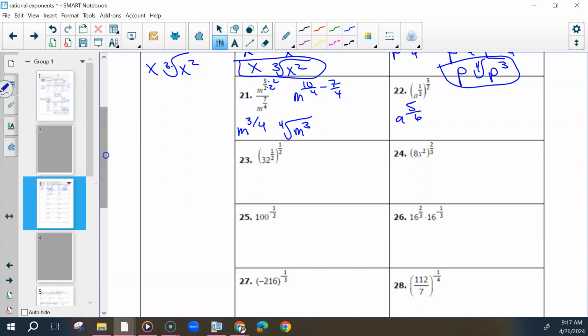And then again, we write that in radical format. How could we write that in radical format?